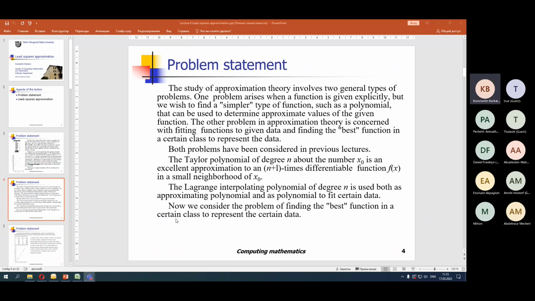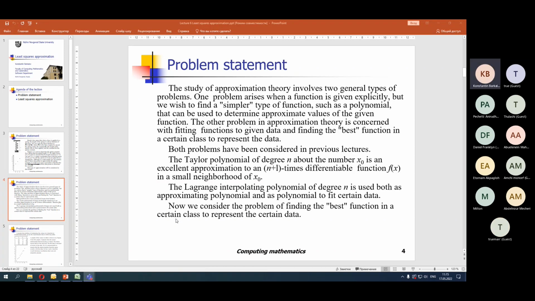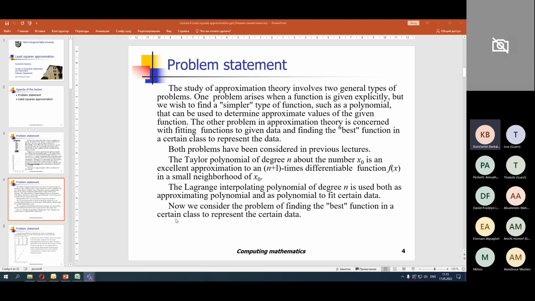And the other problem is related to fitting functions to given data and finding the best function in a certain class of functions to represent the data.